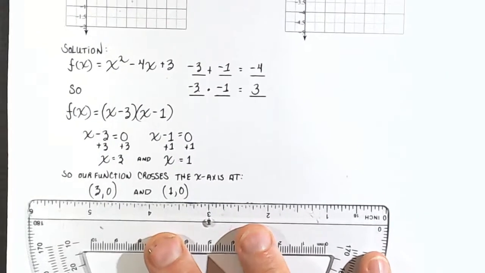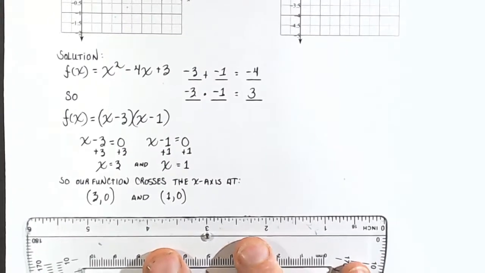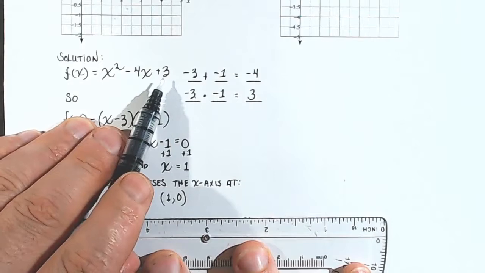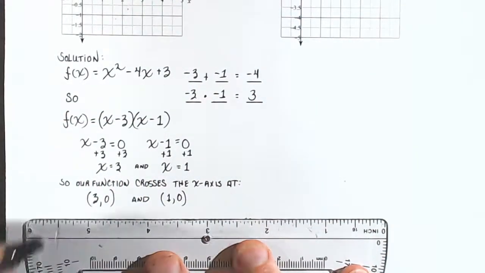All right, so now what? Now I need to identify the y-intercept. The y-intercept is this last constant term sitting here. It's always going to be a number sitting out by itself.